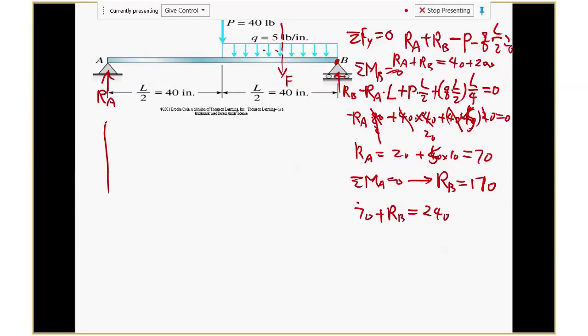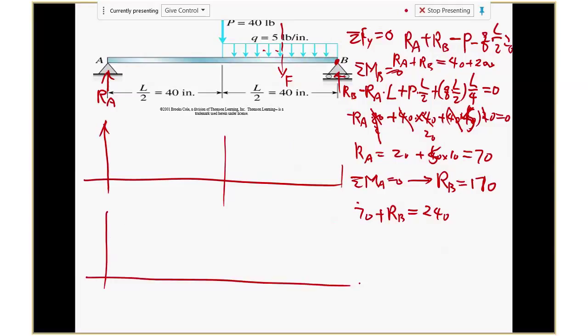Okay, so this will be V. All right, so this is the middle point. Now this will be the M. Okay, let's draw V. So RA equals 70. So here is 70. Here is 170.